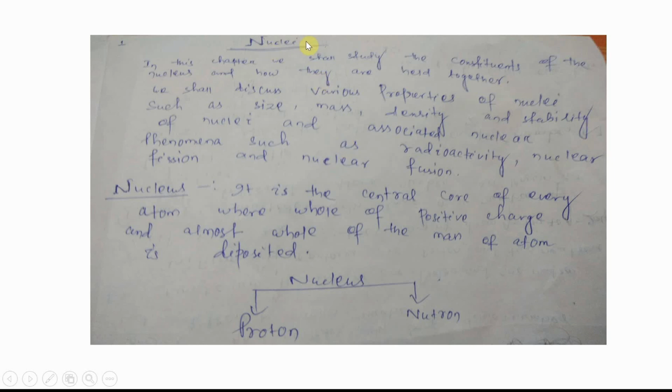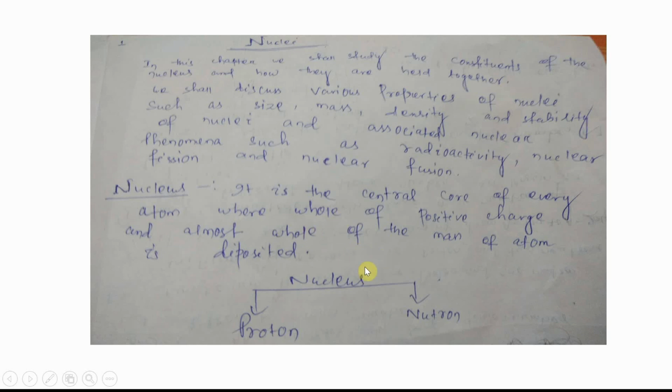Nuclei is nothing but the plural form of nucleus. So we have to know about the nucleus. I have already told you that the nucleus is nothing but the central core of every atom, where the whole of the positive charge and almost the whole of the mass of the atom is deposited.